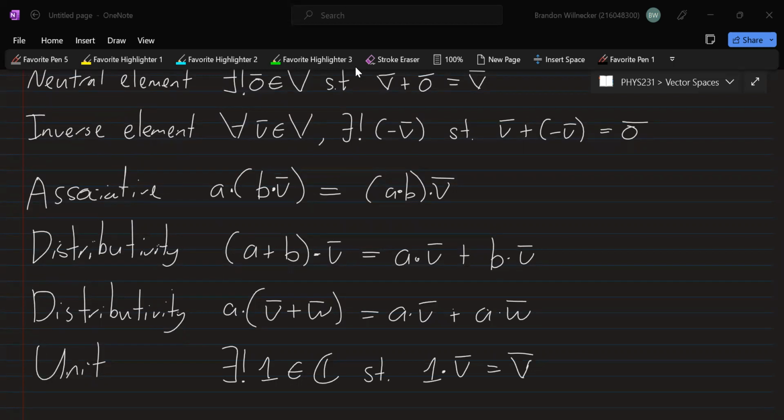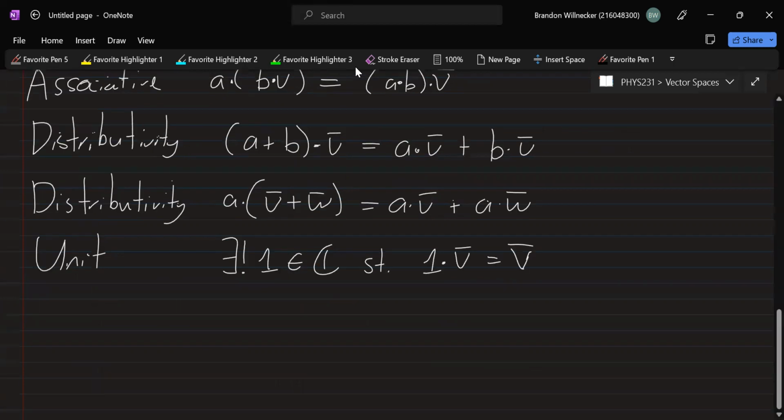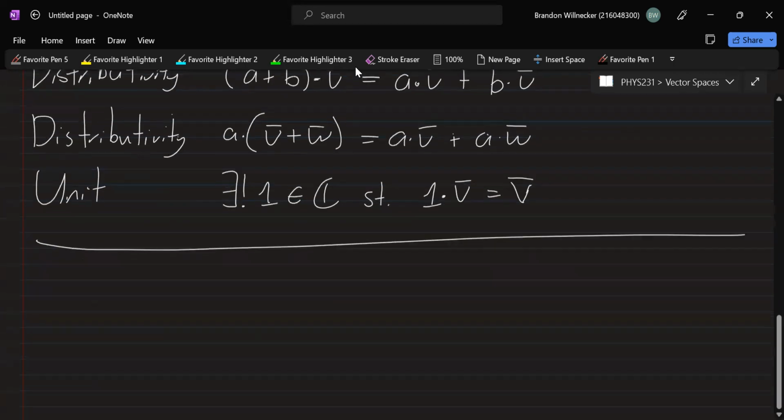We won't be looking too much into general vector spaces because we have concrete examples that we're going to be working with. But just as a first example, let's look at the vector space constructed from R3. Example 1.